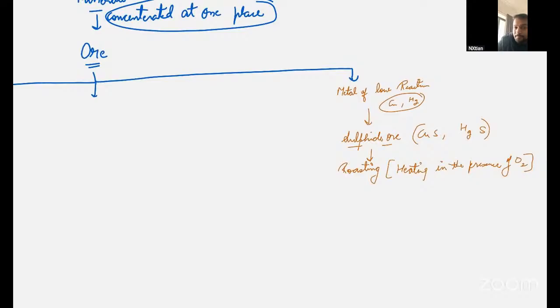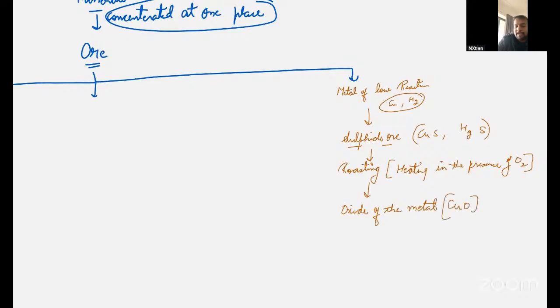After roasting, we will get the oxide of the metal. Like if CuS is there, then we will get CuO. This is called oxide of metal.